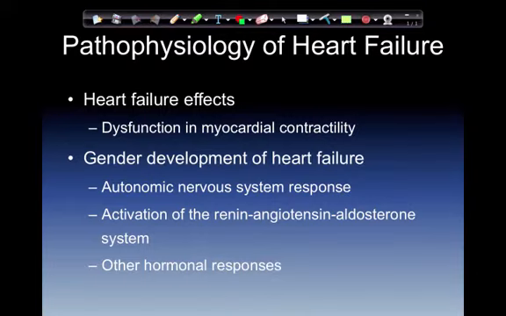So, the autonomic nervous system response is the quick version. Let's dump catecholamine, let's make the heart beat harder, faster, stronger, and squeeze down on the vessels and increase cardiac output. Well, if that doesn't work, then the renin-angiotensin system comes into play.